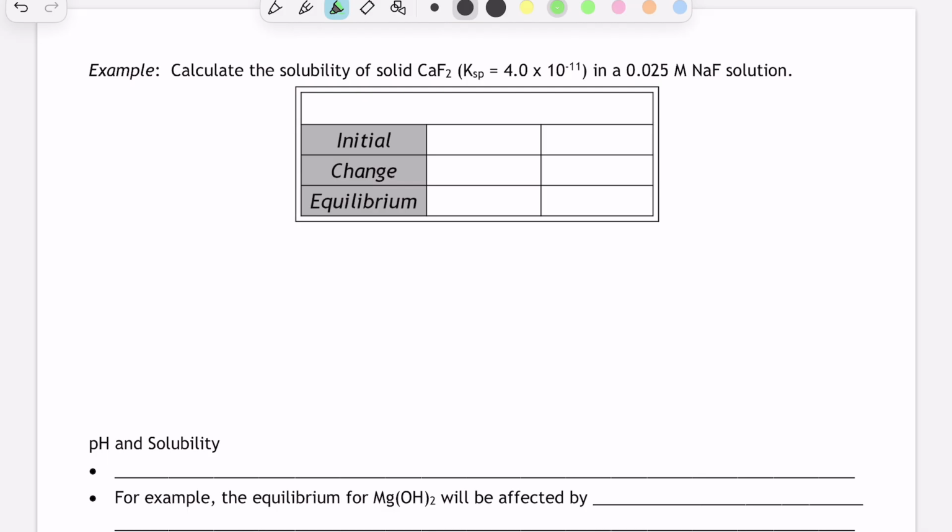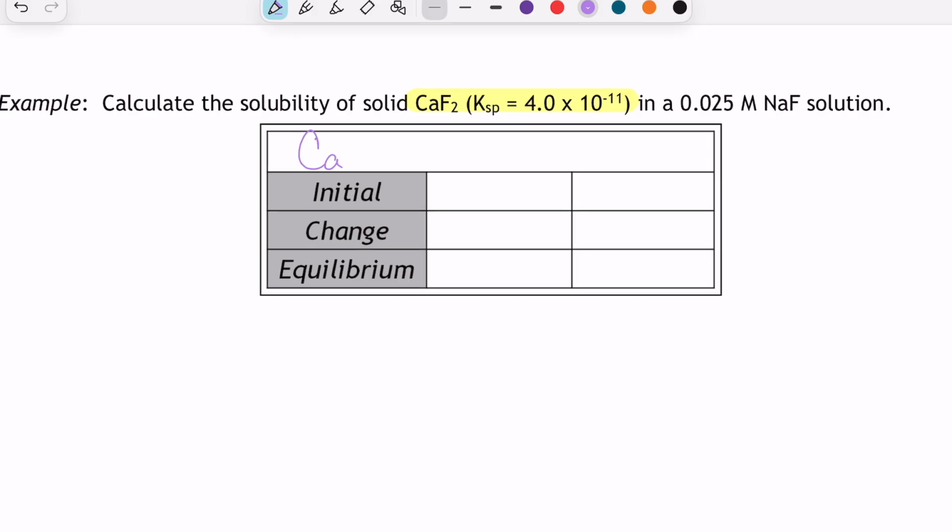Now, this one, we are given the Ksp. The one that has the equilibrium constant is the compound that is in the equilibrium system. All right, so the CaF2 is the solid that's in our ICE chart.